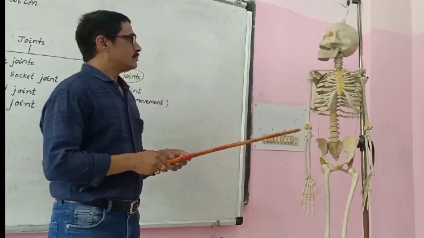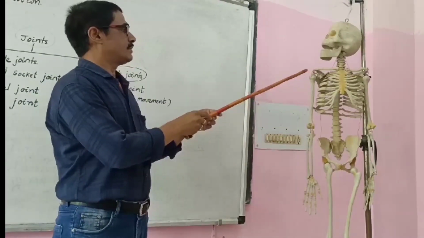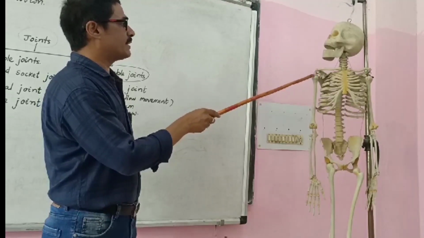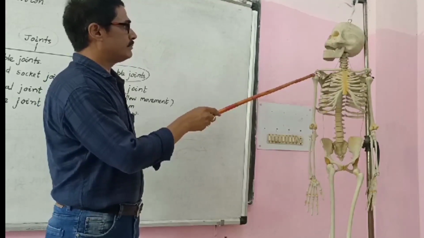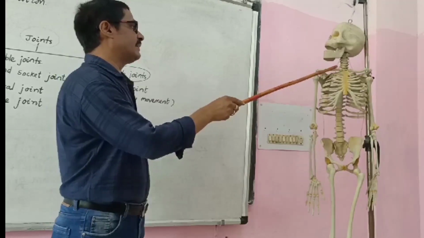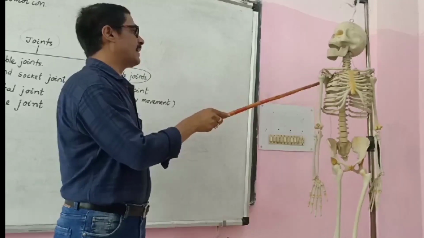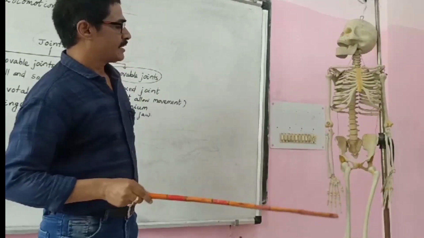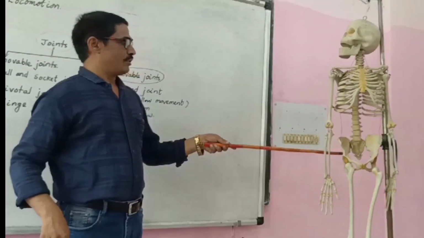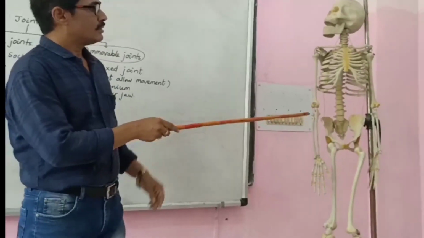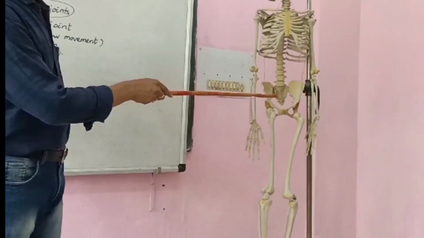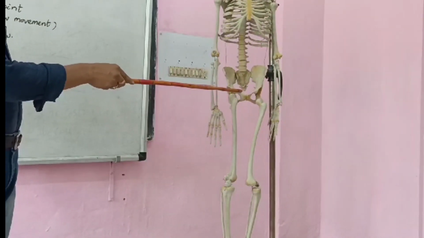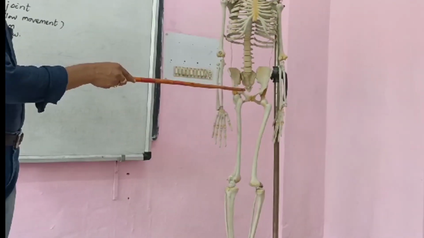Then come to the shoulder joints. The shoulder joint consists of one end part of the arm. There is a clavicle and the shoulder blade at the back side of the shoulder. Similarly, the pelvic bone is the part of the body which encloses below the stomach. This is the part where you sit.